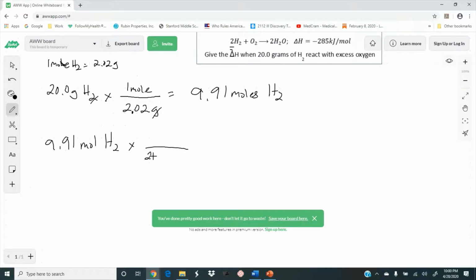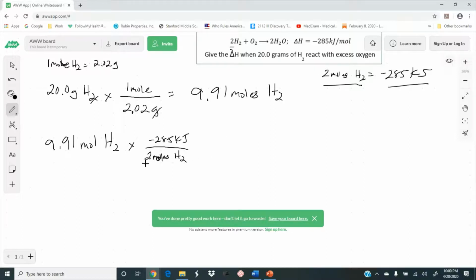I'm going to put 2 moles of H2 on the bottom, so that moles cancel. And on top, I'm going to put minus 285 kilojoules. Because according to this, for every 2 moles of H2, that's minus 285 kilojoules. This left part goes on the bottom, so moles cancel. This right part goes on top, and it's going to tell us the number of kilojoules.